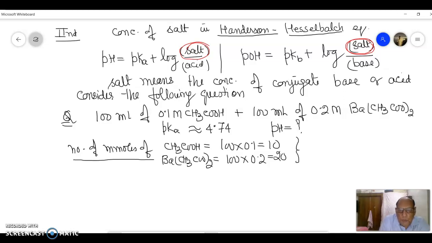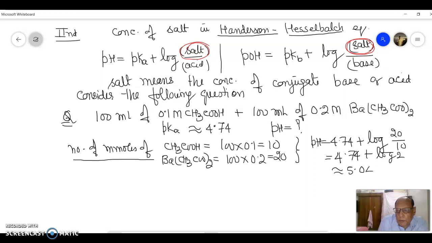Now if you substitute these values for acid and salt directly in the Henderson equation, then pH will be equal to 4.74 plus log salt 20 upon acid 10. So this comes out to be 4.74 plus log 2, that is 5.04.